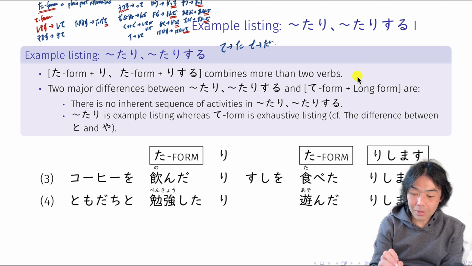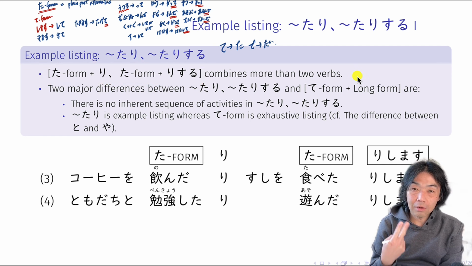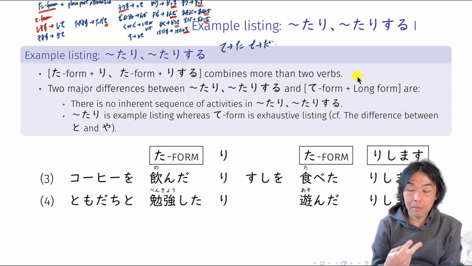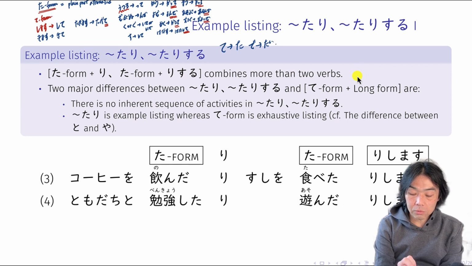So finally you can use this. Okay? So again, the whole purpose of using tari is to use two verbs in the same sentence. So you have to have two verbs. Both verbs become ta form. The first one is followed by ri. The second one is followed by ri suru or ri shimasu.